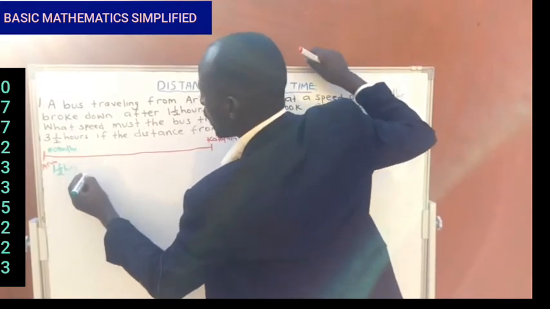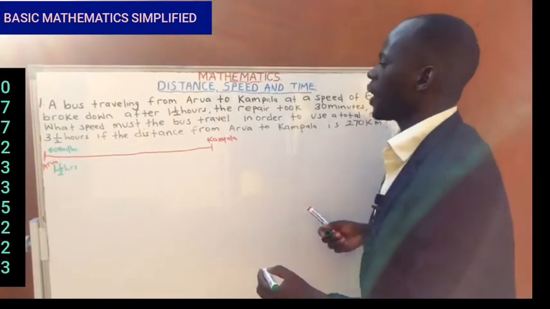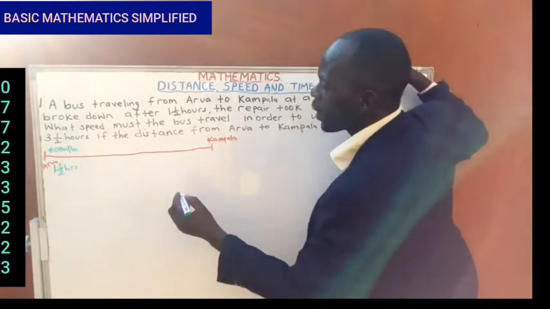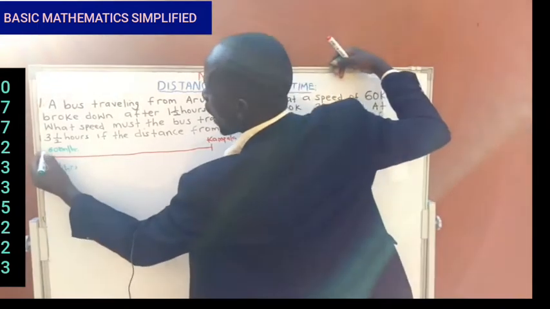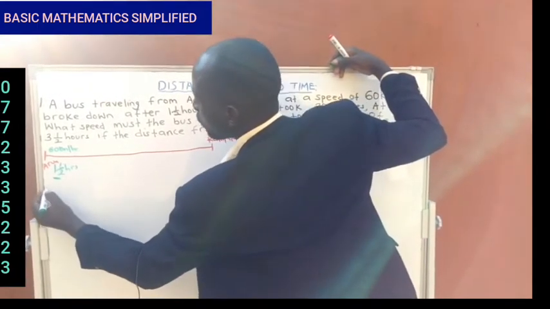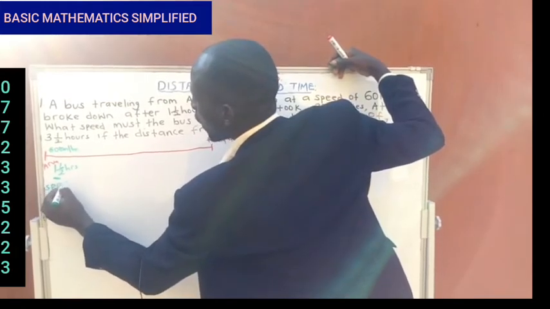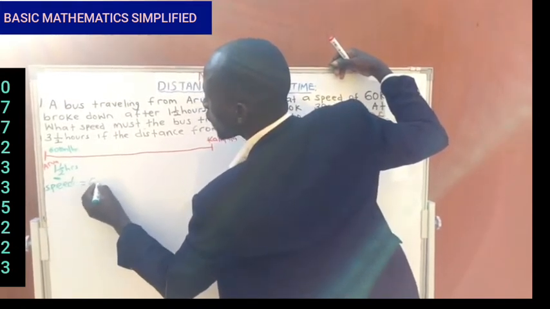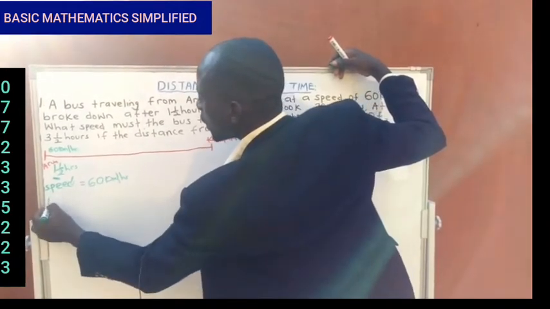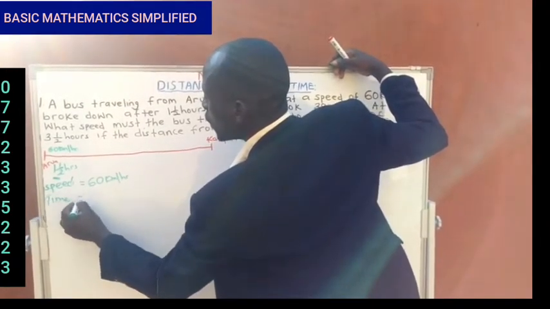It broke down. So we don't know where it broke down from, but we can understand by the time it was breaking down what distance had they covered. The speed was 60 kilometers per hour. The time so far used was 1.5 hours.